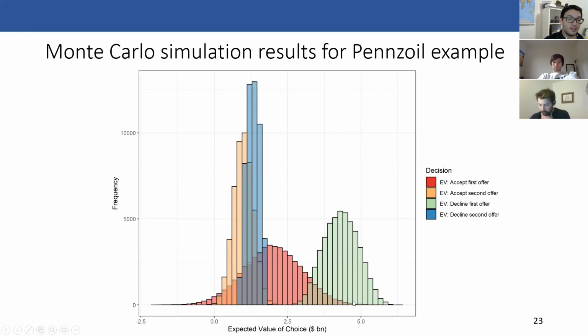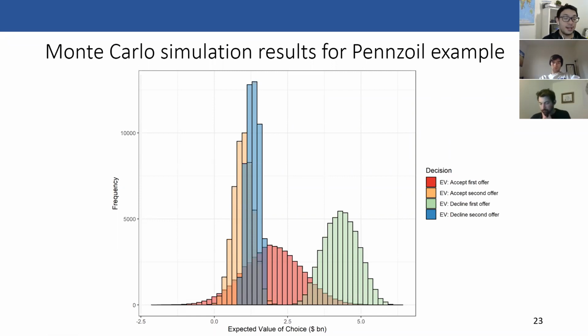So the expected value outcomes for accepting the first offer versus declining the first offer, that's this red versus green, look something like this. And then in the blue and orange is accepting or declining the second offer.